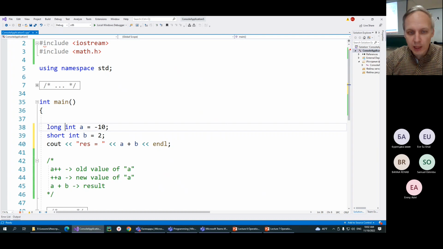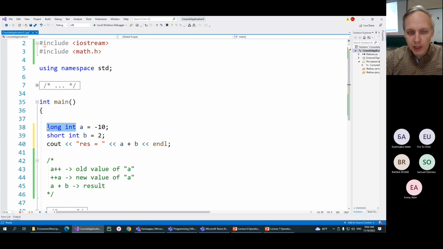Of course, you can guess that the result will be minus 8 in this expression. But what will be the type of the result? Long int or short int? Yes, the result will be long int, because the type of the result corresponds to the wider, more powerful type of the operands.